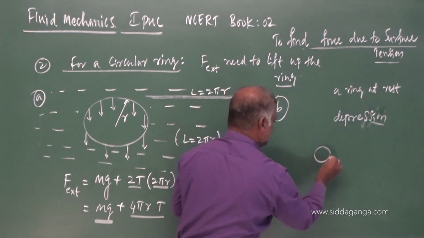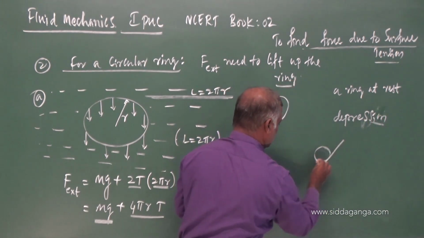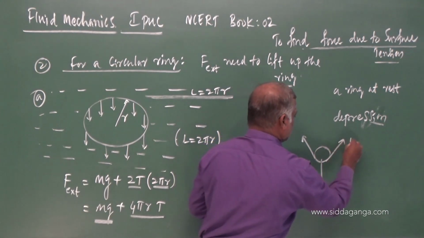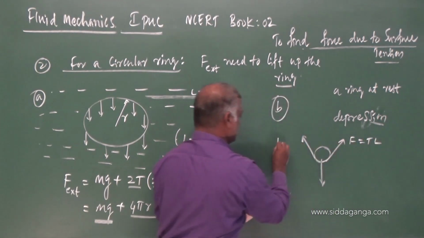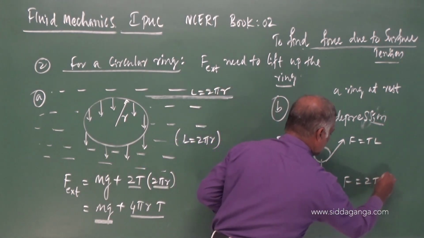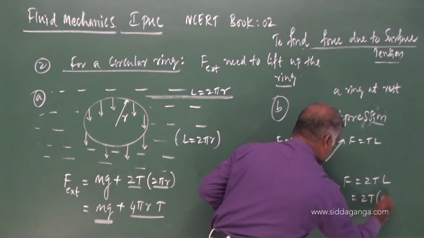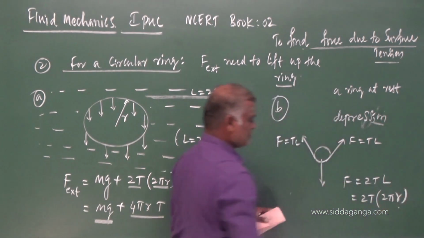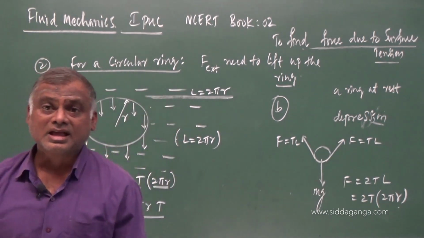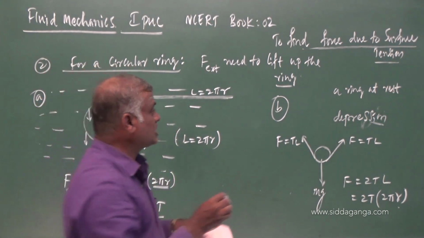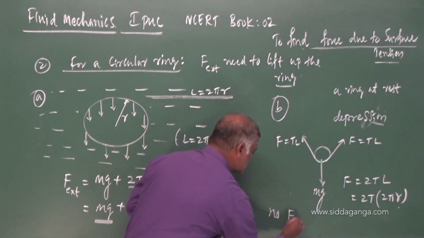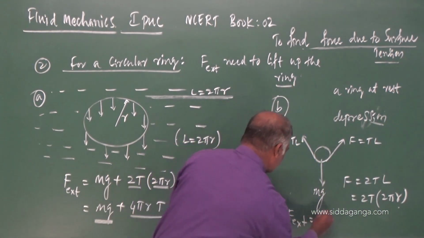So as we studied, this is F equal to TL. So the net force will be equal to 2TL, 2T into 2 pi R, when the ring is at rest. No external force.